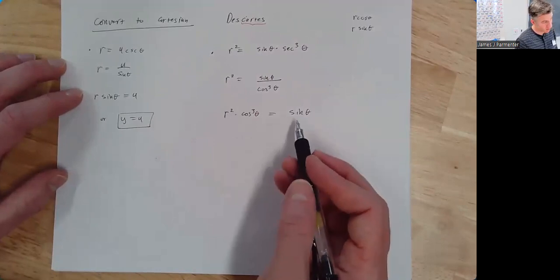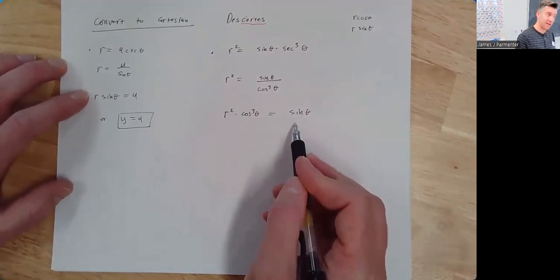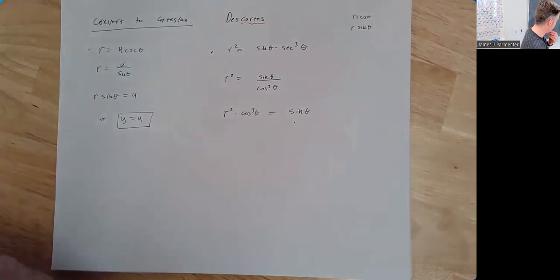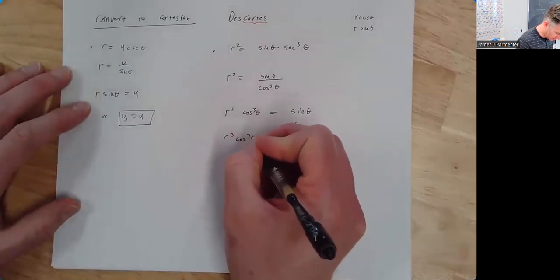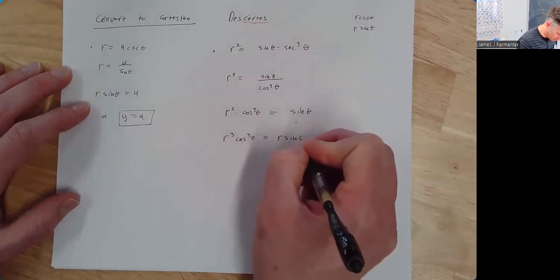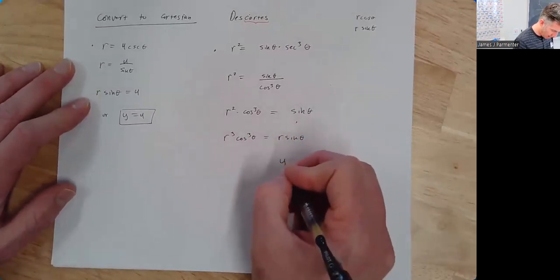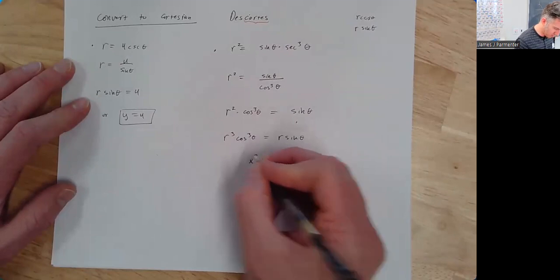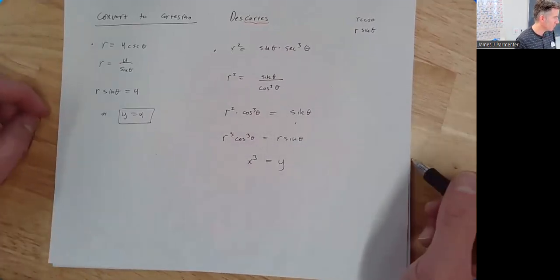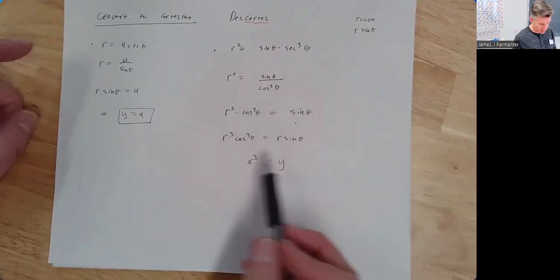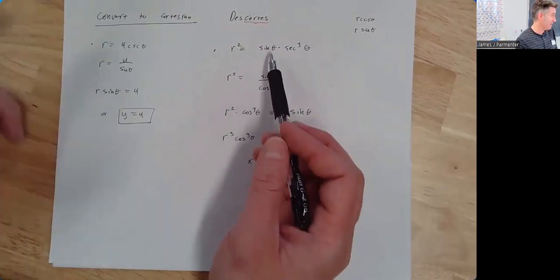And if I had another r over here, that would also be great, because I'd have r sine theta. So it seems like I should multiply both sides by r. Like r cubed cosine cubed theta equal to r sine theta, or in other words, y equals x cubed. How weird. I'm sure the way we actually did this was someone started with this and worked back until they got to this.